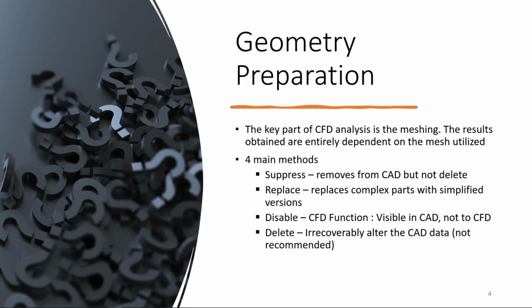Suppress is going to remove the data from CAD but not delete it. Replace is going to replace some complex parts with simplified versions to reduce the solve time. Disable will only disable in the CFD environment, but you can still view the data in CAD. And then delete is going to irrecoverably alter your data, which again is not recommended.